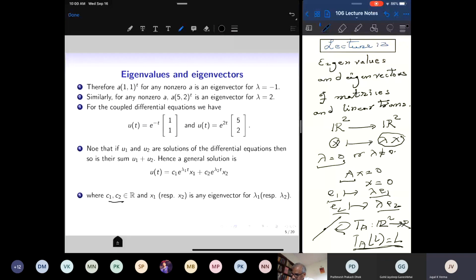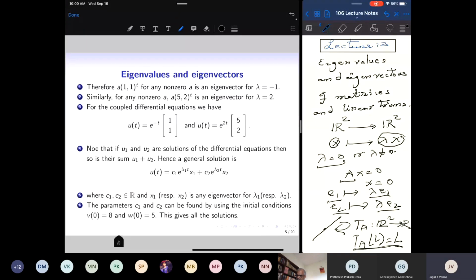x1 is any eigenvector for lambda 1. x2 is any eigenvector for lambda 2. So we started with a coupled system of differential equations of order 1 where two functions are involved, and we reduced this problem to finding eigenvalues and eigenvectors of the coefficient matrix, and then we found the general solution of this differential equation.